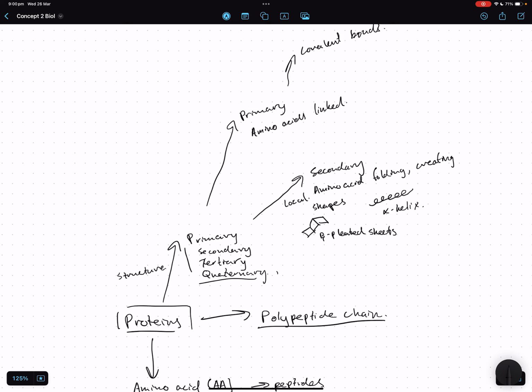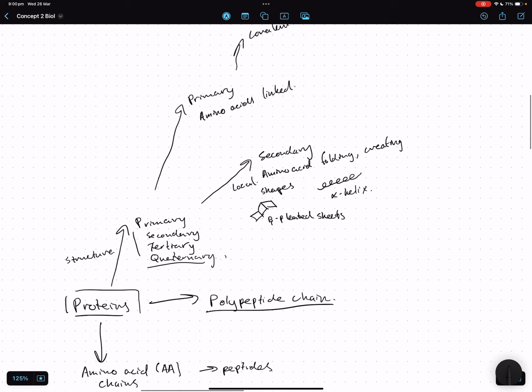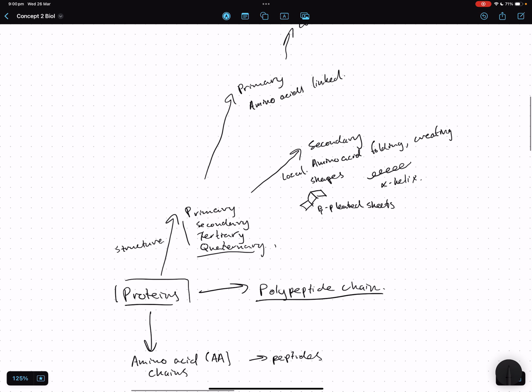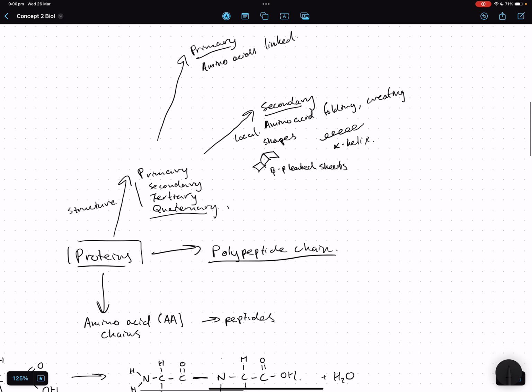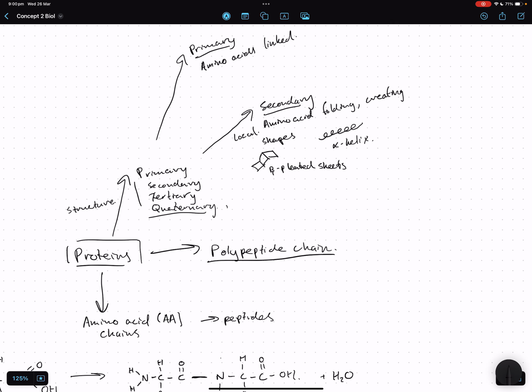And so the amino acids fold on themselves and make these structures, like a helix and sheets. This is local. So think of these as zooms: most zoomed in, less zoomed in, and we'll get to even less zoomed in.